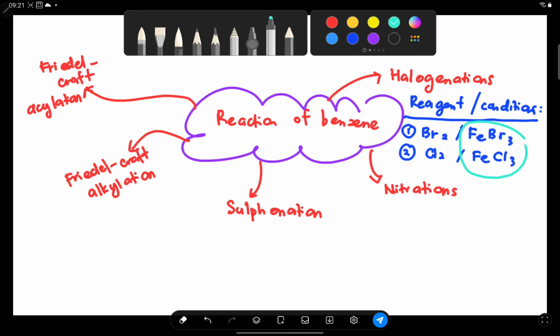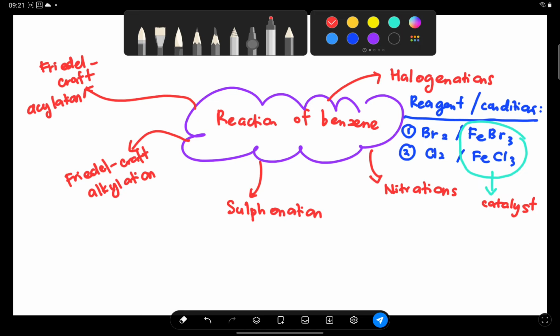Both of these chemicals will act as a catalyst. It will increase the rate of reaction.